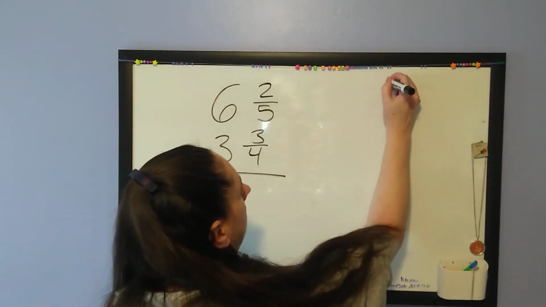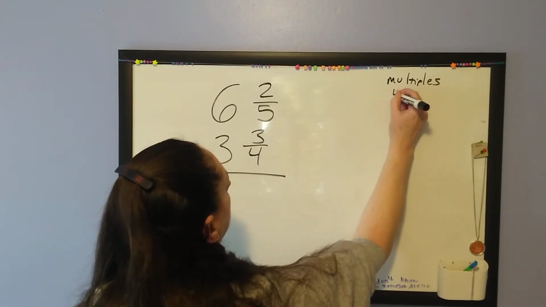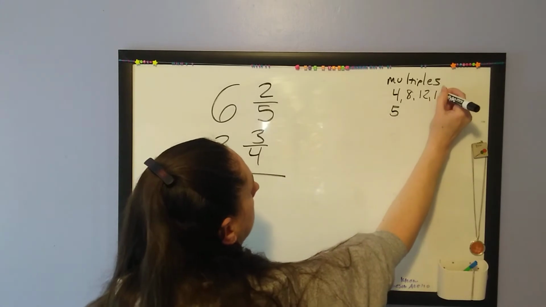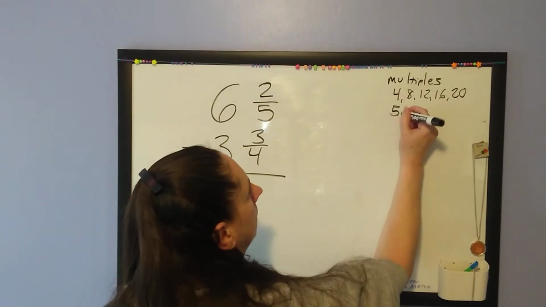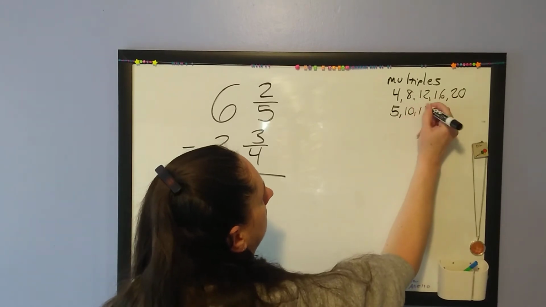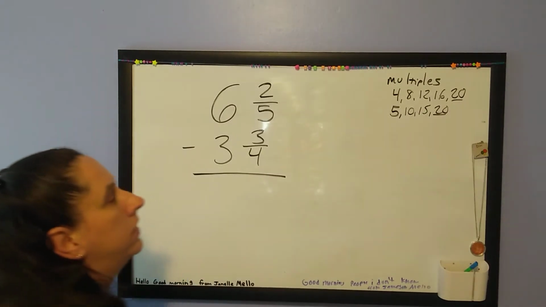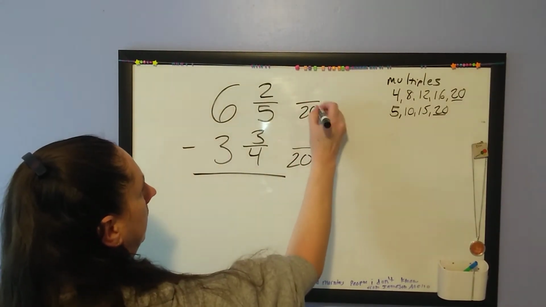We're going to list our multiples of 4 and 5. 4, 8, 12, 16, 20. I like to put out at least 5. Okay. 5, 10, 15, 20. And I can stop here because they both have 20. That means 20 is my new common denominator.